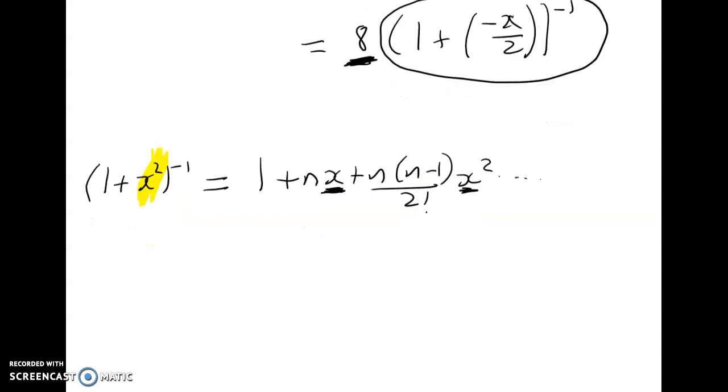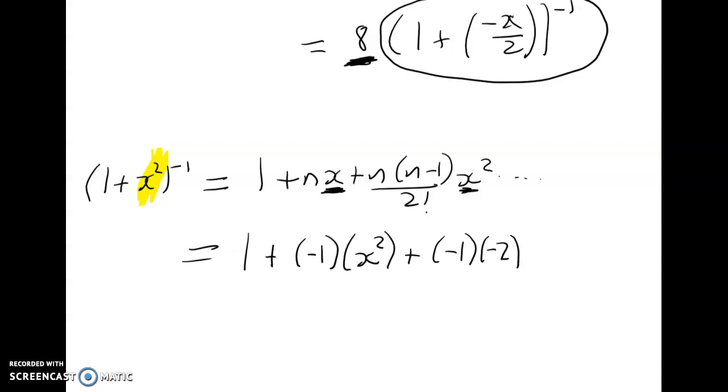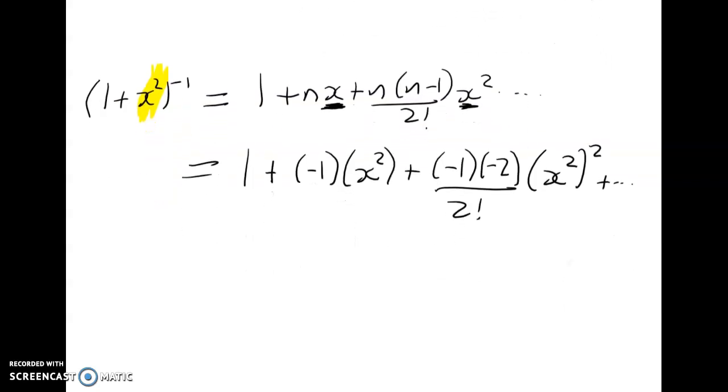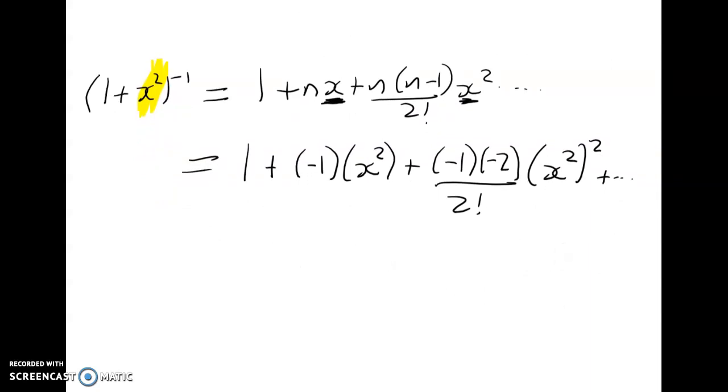So in here we've got 1 plus -1 times x squared plus -1 times -2 over 2 factorial times x squared squared. That's as far as I'm going to go because I don't have to go past x to the power of 4. So that one gives me 1 minus x squared plus x to the power of 4.